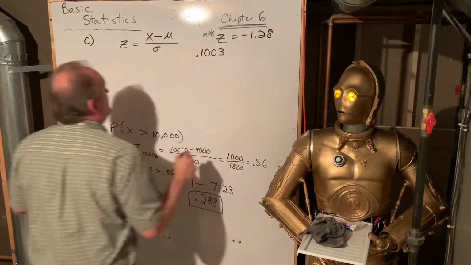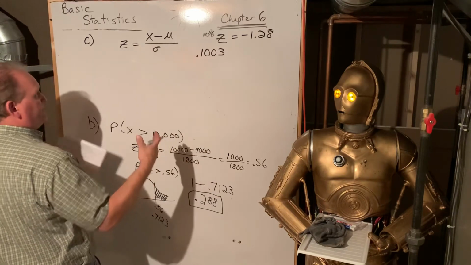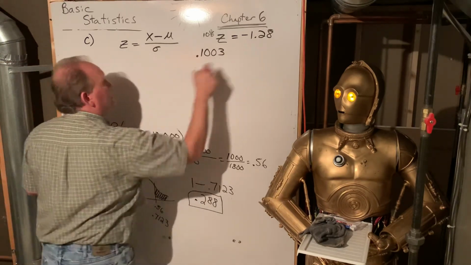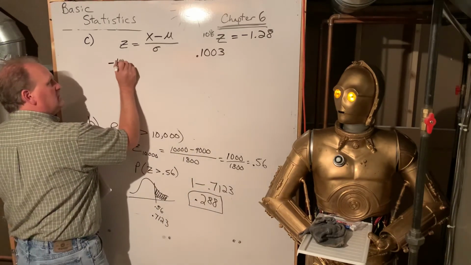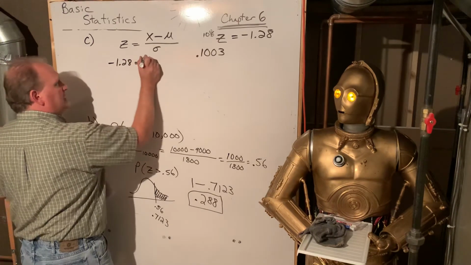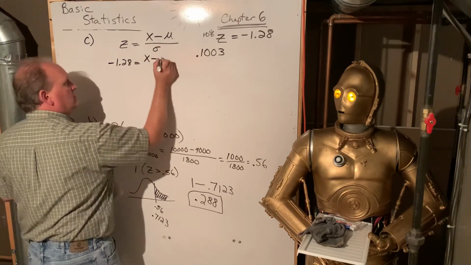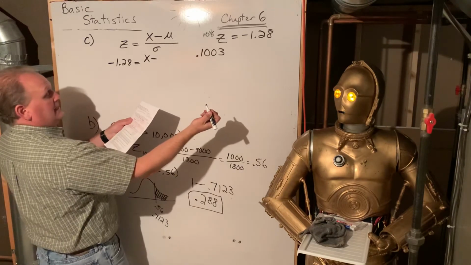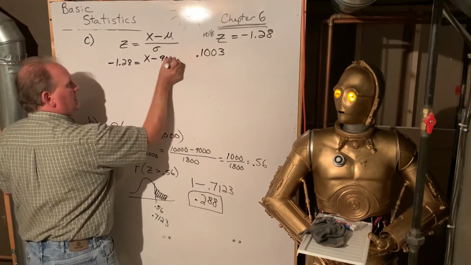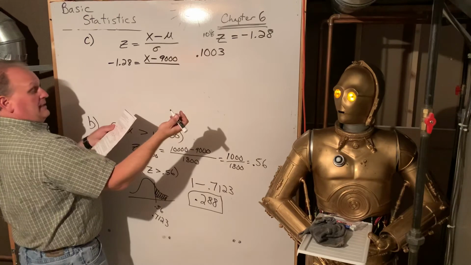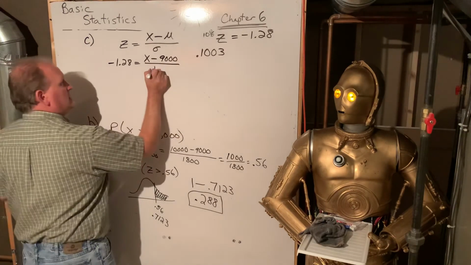All right? And so now it's plug and chug. We're going to take this, substitute that in there. X we don't know, that's our unknown. We do know 9,000, and we do know 1,800, right? They gave us 1,800.